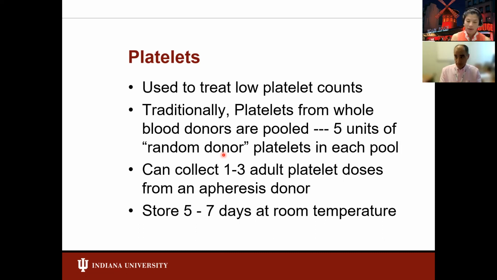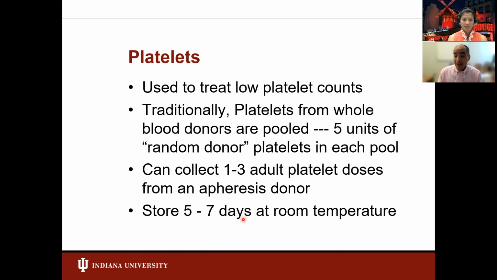But with the new process, apheresis, they can get about 1 to 3 bags of platelets out of just one sitting, versus pooling or adding platelets from 4 other people to get a bag. So those apheresis platelets are more efficient and you really get more platelets.